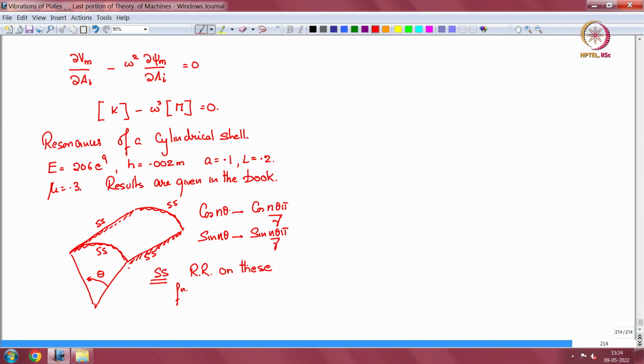Okay. Then, in the line of the circular plate and annular plate, suppose you had a plate sector.